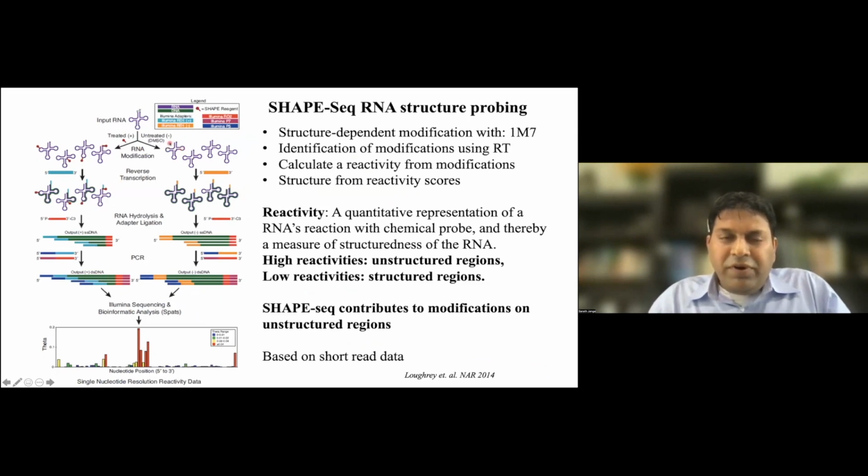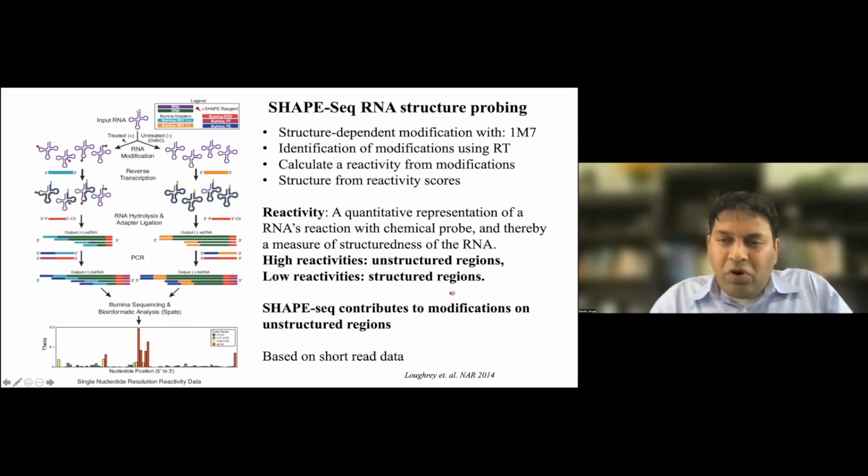On the right, you would, for instance, do a control using DMSO, and you would get control sequencing data which would not have peaks because of the drop-off from the reverse transcription on modified locations. And because of accumulation of reads, you would have higher reactivity scores in locations where there is unstructuredness and lower reactivity scores in structured regions.